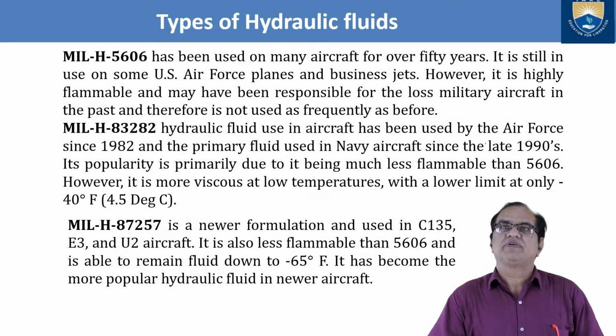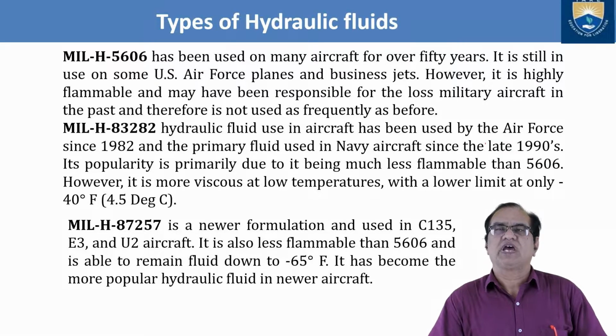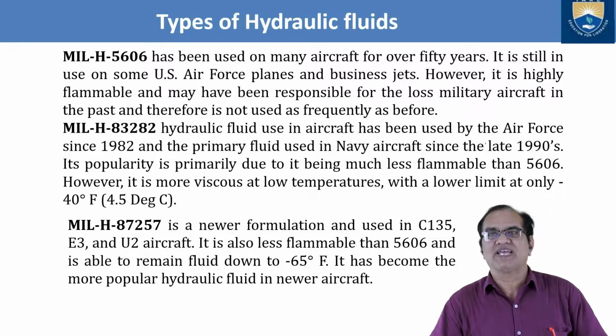Now we have some types of hydraulic fluids which are used in aircraft. First and foremost is military H5606, which has been used on many aircraft for over 50 years. It is still in use on some US Air Force planes and business jets. However, it is highly flammable and may have been responsible for loss of military aircrafts in the past, and therefore is not used as frequently as before.